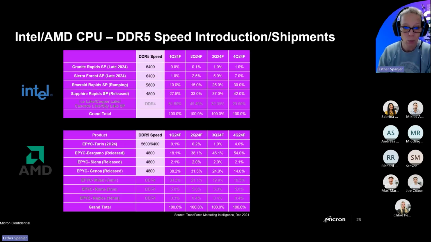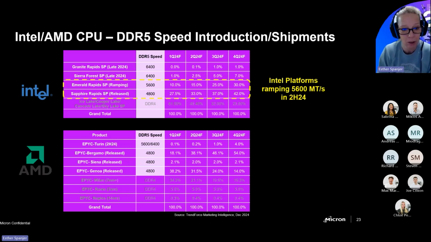So when we're looking at the two key CPU manufacturers and the platforms that they're bringing out in 2024, we're seeing, for example, Intel. There are two key platforms that are shipping this year. Sapphire Rapids and Emerald Rapids are really the two main ones.